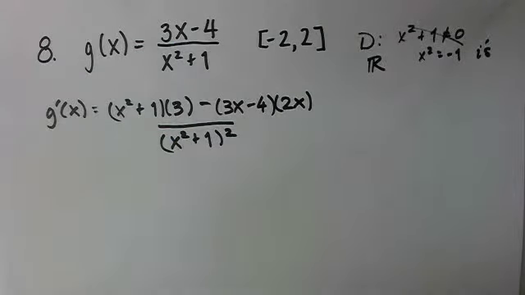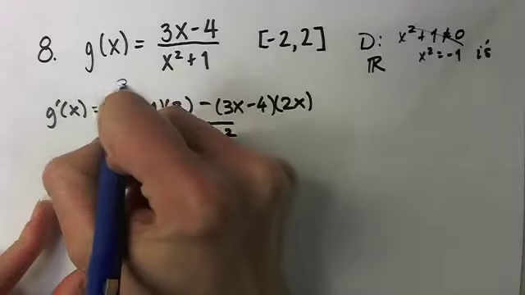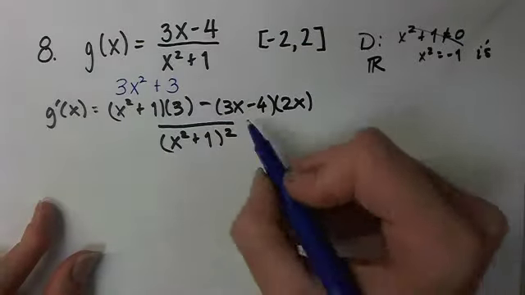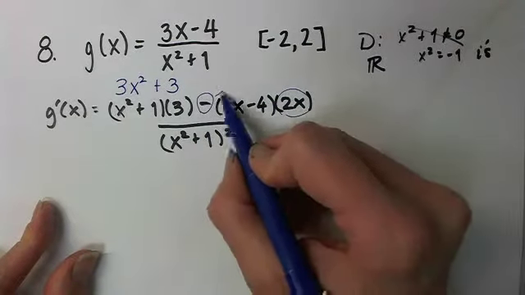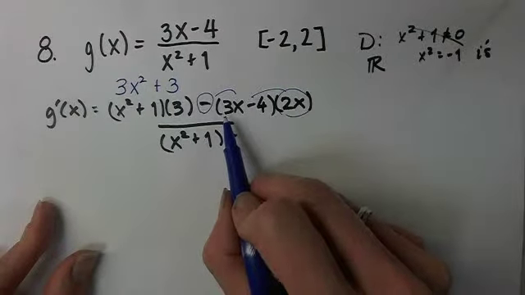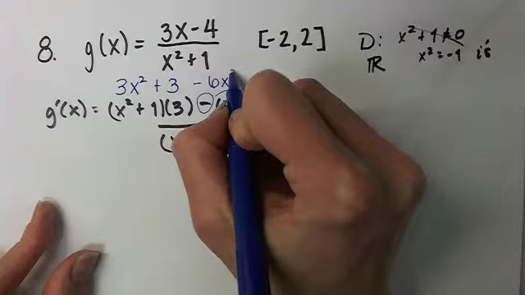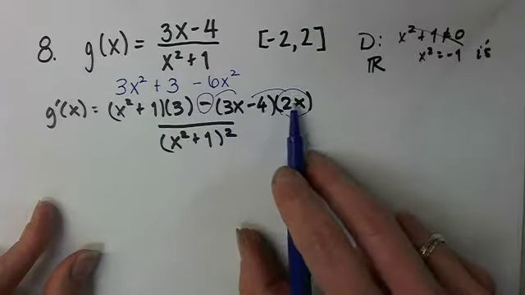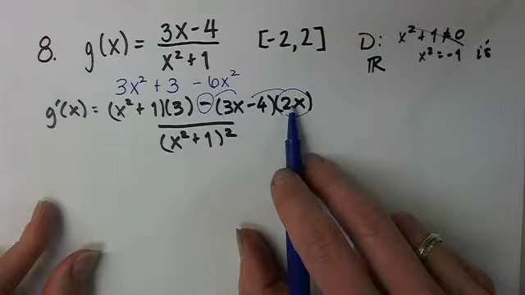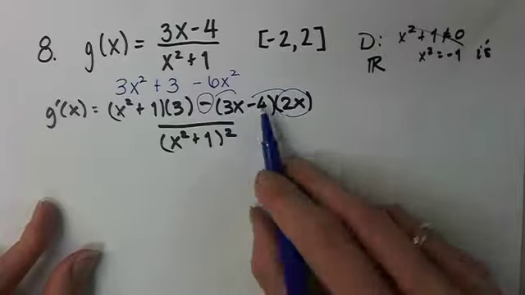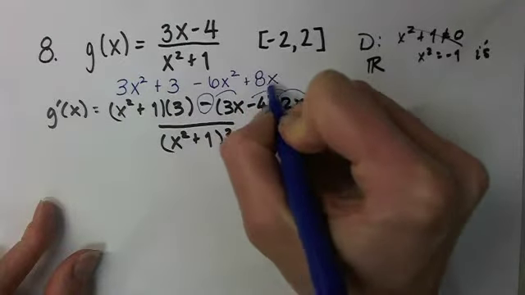So let's clean up the numerator just a little bit. Distributing the 3, we're going to get 3x squared plus 3. And then let's distribute the negative and the 2x into the other set of parentheses. So we're going to get a minus 6x squared plus, oh no, sorry, just 2 times 4, plus 8x.